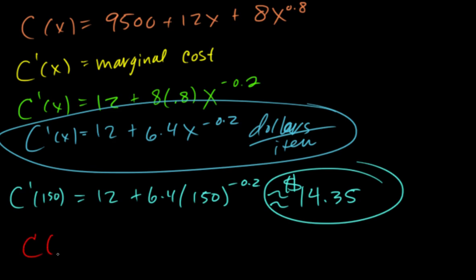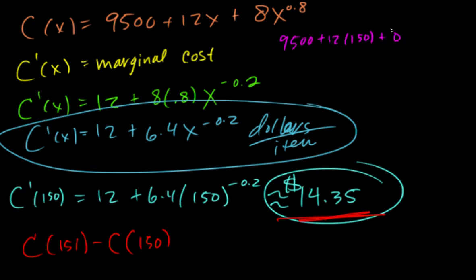Now it wants us to find C of 151 minus C of 150 and compare it to this answer. So if we plug in 151 up here, I would just use a calculator, and if we do that, we get 11754.87, just rounding to the nearest cent.